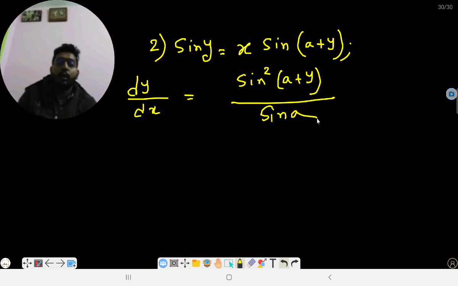So here you can see sin y equals x sin(a + y) is given. We have to prove dy/dx equals sin²(a + y) by sin a.